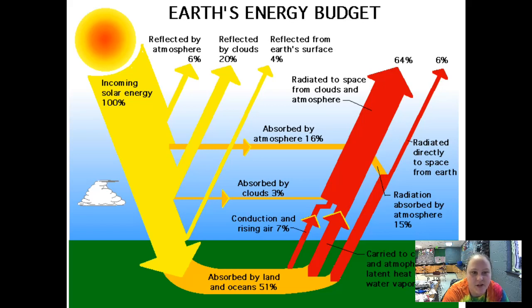Some of it is just reflected by the atmosphere before it even hits the Earth. Some are reflected by the clouds. Some are reflected from the Earth's surface. So 6%, 20%, 4%. So about 30% is reflected back out.